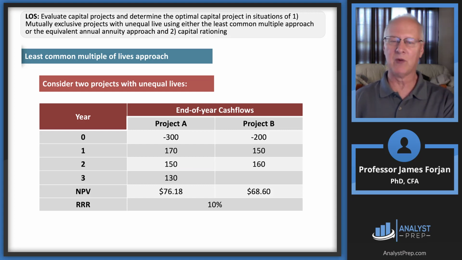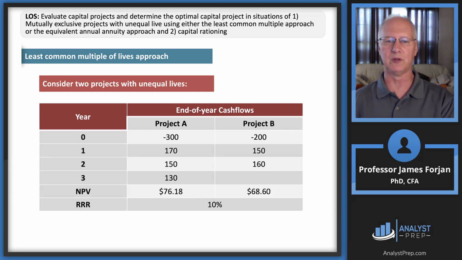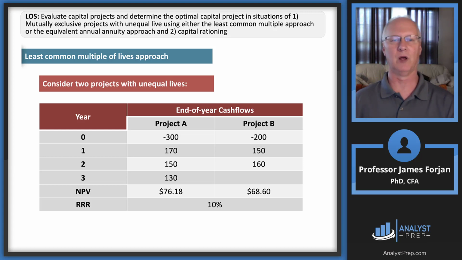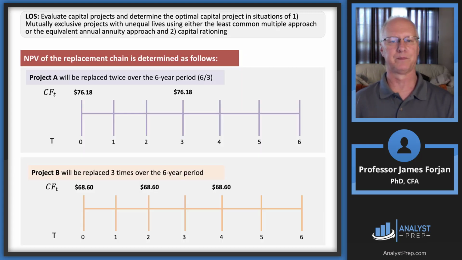We just said regular old NPV told us to pick Johnny the plumber, right? 76 is greater than 68, even though both of them are positive. So Jenny and Johnny are both perfectly acceptable projects. But the goal of the business is not just to increase shareholder wealth, it's to maximize shareholder wealth. So we're going to pick Johnny. So the question is, let me repeat, do you want to have 2 76s or 3 68s?